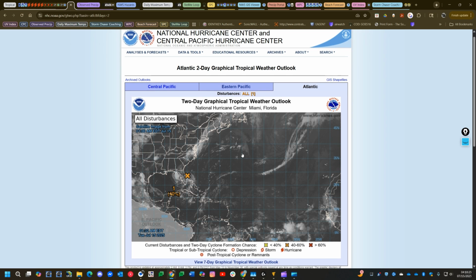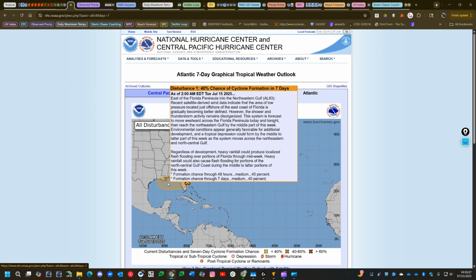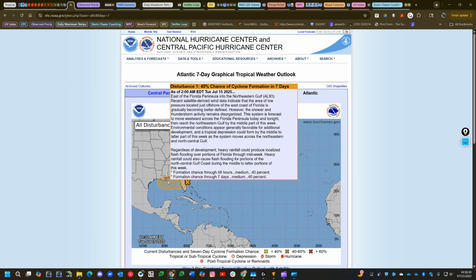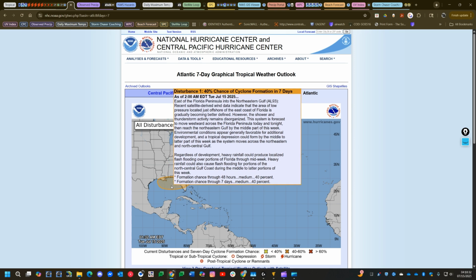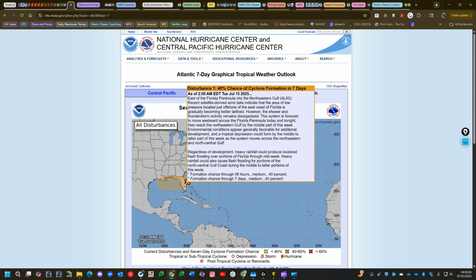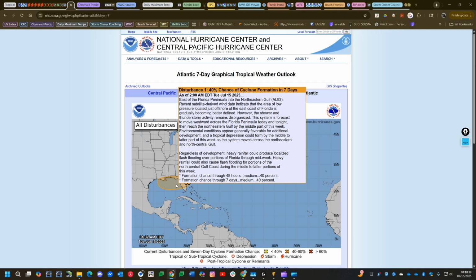And given that, there's a 40% chance of this developing now, according to the National Hurricane Center. I think we're going to have to wait till it gets over the Gulf and see whether it develops and is able to get organized.